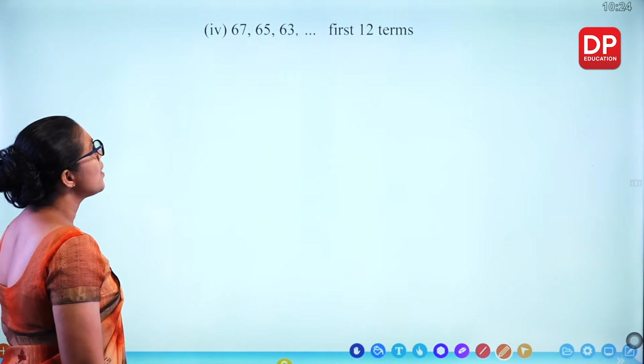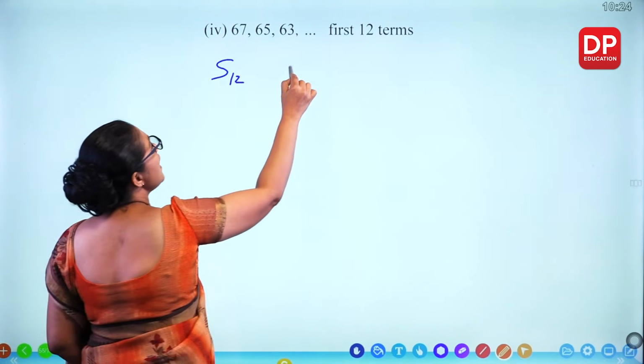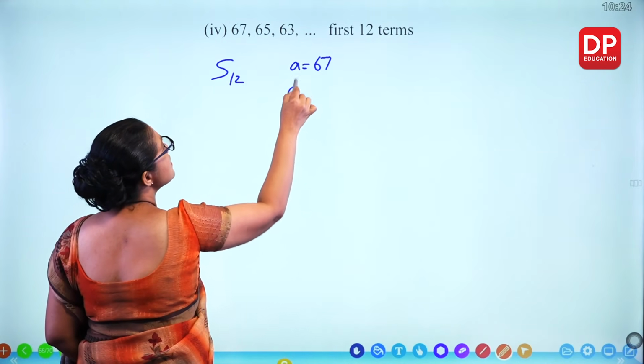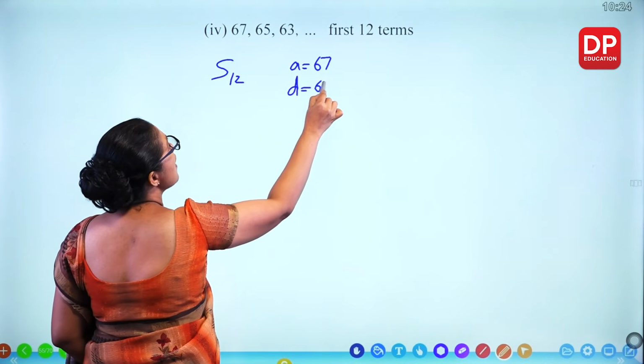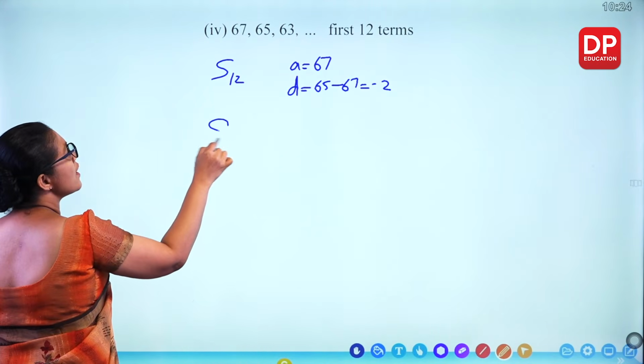Next one, 12 terms. S12. A is 67. What's D? 65 minus 67 is minus 2. Use the formula.